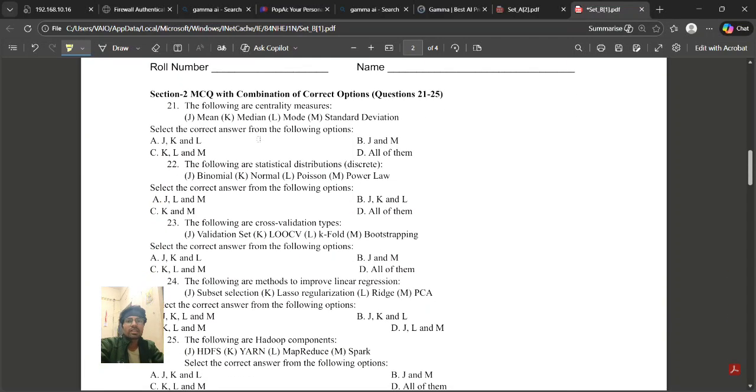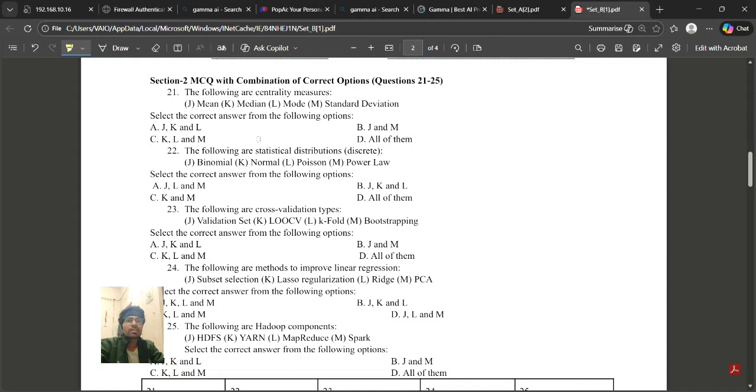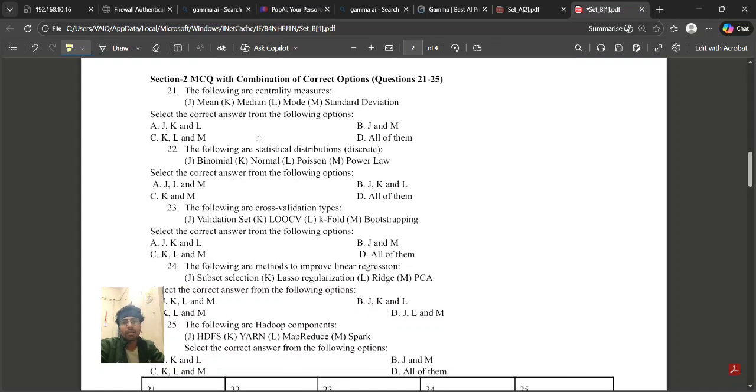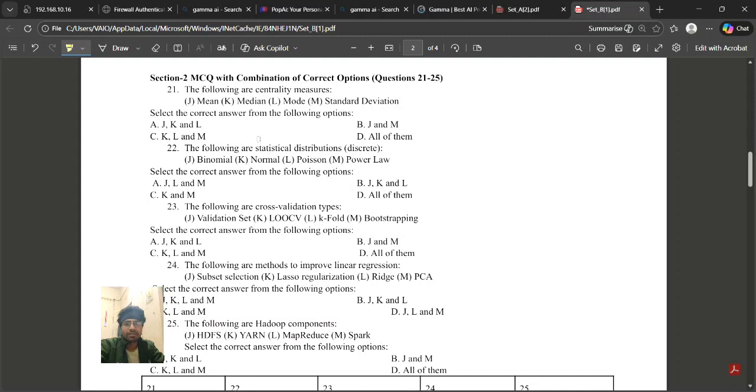Now go to section number C, question number 21. Question number 21 asks about centrality measures. Let's look at each option. Mean is definitely a measure of central tendency. Median, the middle value, is also a centrality measure.